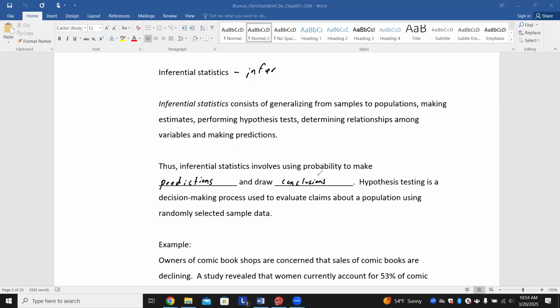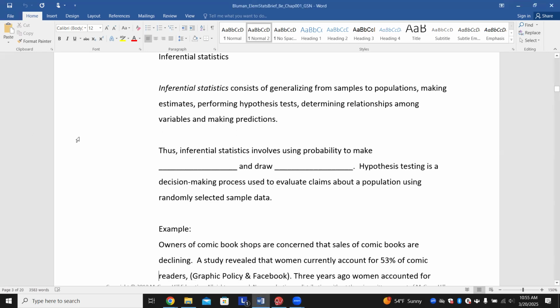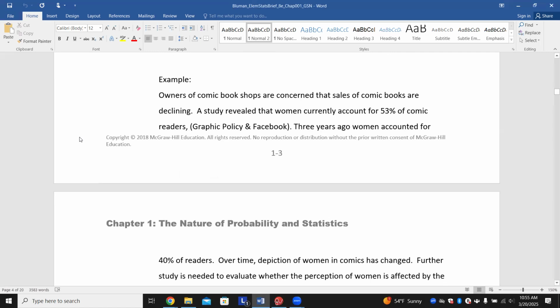Inferential statistics is what we do a lot of. It's a lot of the information that you see. We give you descriptive statistics, and then we go, based off this, this is what we're trending towards. And it can kind of be a little biased depending on the situation. So descriptive cannot be biased because it's factual, things that actually happened, whereas inferential could be biased depending on how you're pulling your data. And we'll talk a little bit more about that later on.